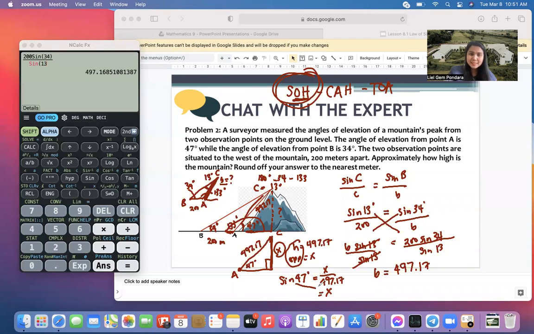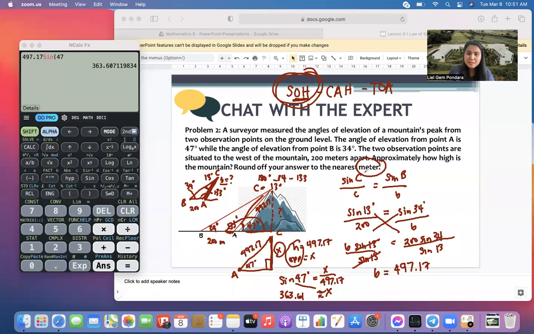So our x will be equal to 497.17 times sine 47. There. It's approximately 363.61. Do not forget your unit of measure.